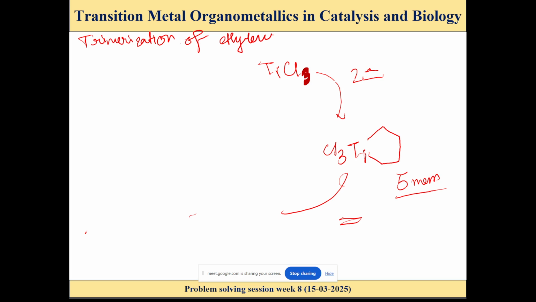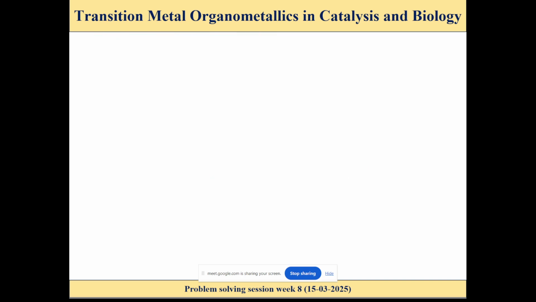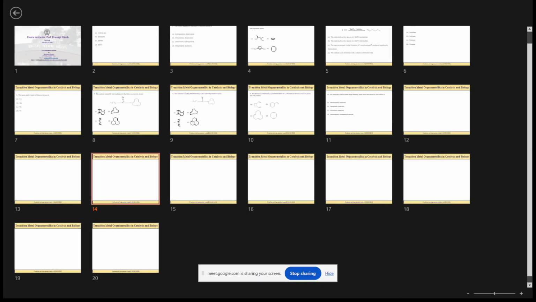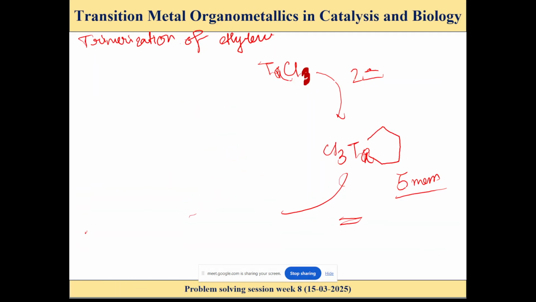So this is a tantalum catalyst. What is happening here? It will be a 7-membered ring formation.